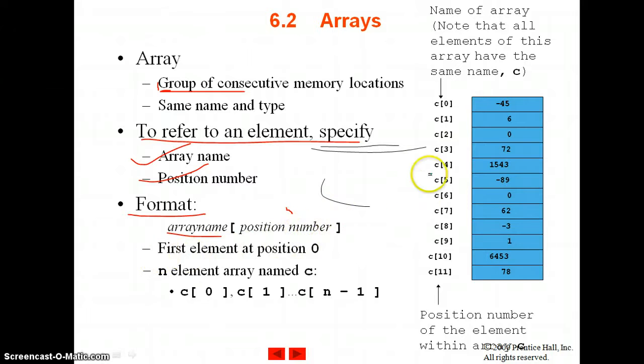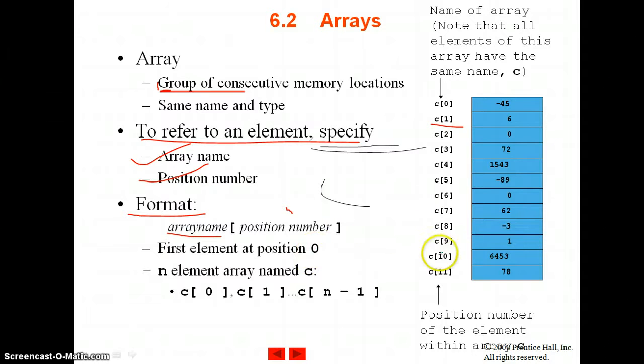So the first data element stored in an array has position 0 or index 0. Second data element stored in an array has index 1, and so on. As indexing starts from 0, it ends at size minus 1, or the last index is size minus 1.